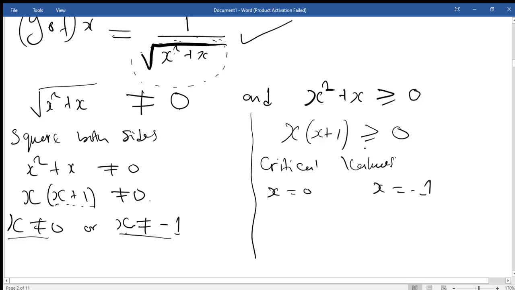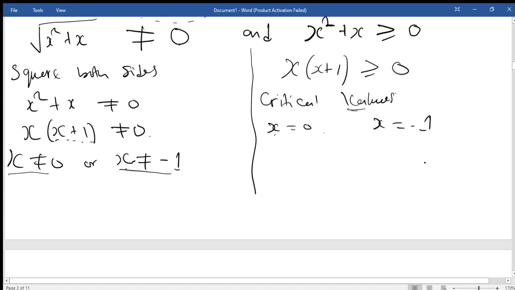So when you are solving an inequality, when finding the critical values, we can assume this to be an equation. So x equal to 0 and x equal to negative 1 will be our critical values, so that we can do our testing from there. The testing will be when x is 0 and when x is negative 1, and we use those factors. So I can draw my sign table there, where I'll have factors here.